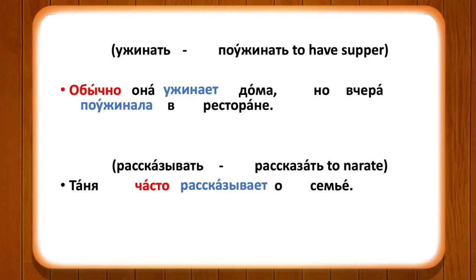So Tanya часто рассказывает о семье, which means Tanya often tells us about her family. If you want to use the verb in past tense, you can say рассказывала. Tanya часто рассказывала о семье, which would mean that Tanya used to often tell about her family.